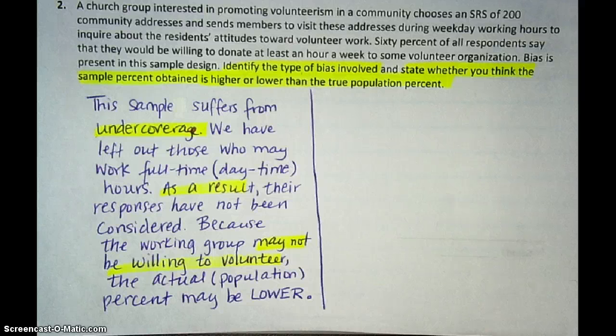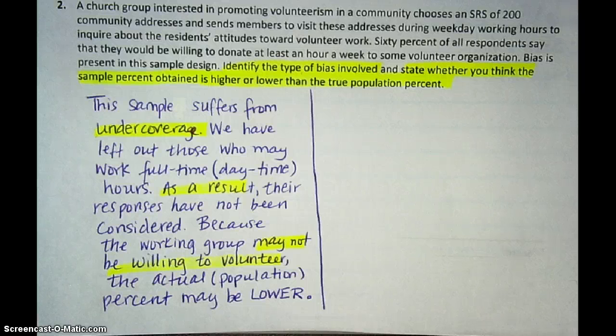Because they are affiliated with a religious group, the idea of doing good, being a good citizen, being a nice religious person may change the responses of those who weren't willing to volunteer to say, yes, sure, I'll volunteer, because they don't want to be seen as an immoral person or a bad person. So that percentage could have been elevated due to the affiliation that these people had, and by these people I mean the group that was going to the community, that these people had with a church.